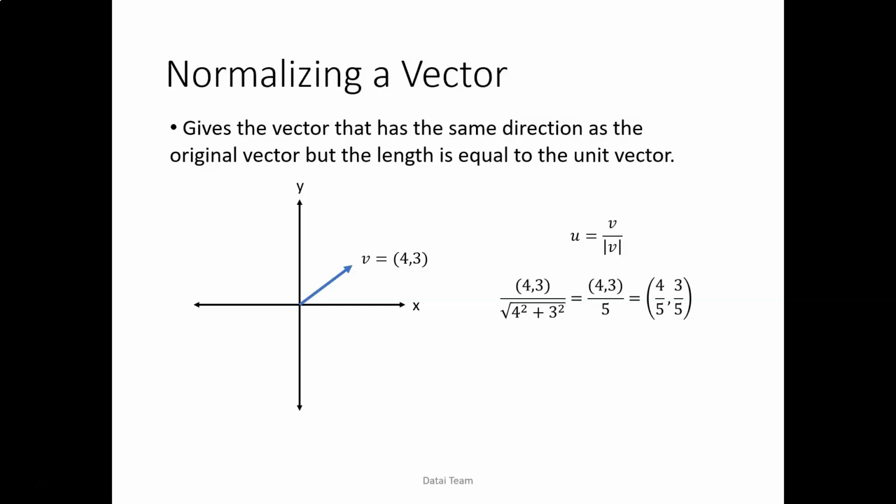And we divide our vector by its length. The bars here, the absolute value bars, when you are writing a vector, give you the length. So we have 4 and 3 over 5. And we can write this in vector notation. So we have 4 over 5, comma 3 over 5.